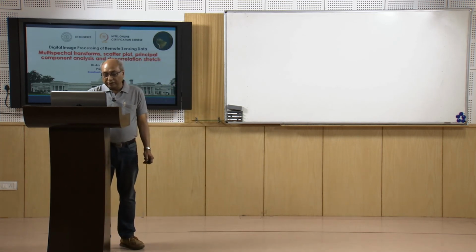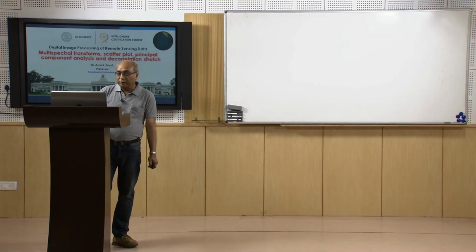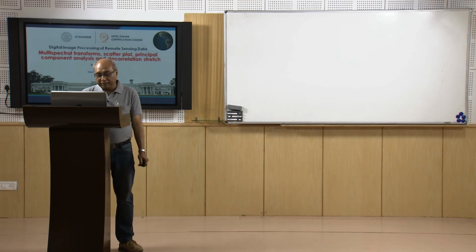So all noise which has not much relation with any bands will go into principal component 6 in this particular example, and the maximum variations present in the images of 6 bands have been accumulated, if I can use this word, in principal component 1. So the component 1 image will have maximum variations, the last one will have maximum noise, nothing else.